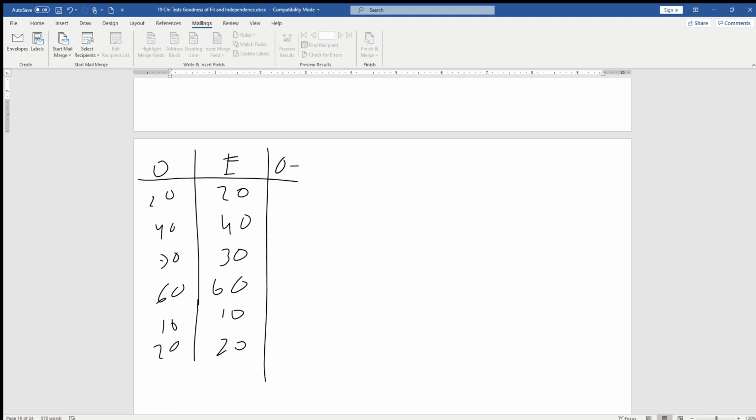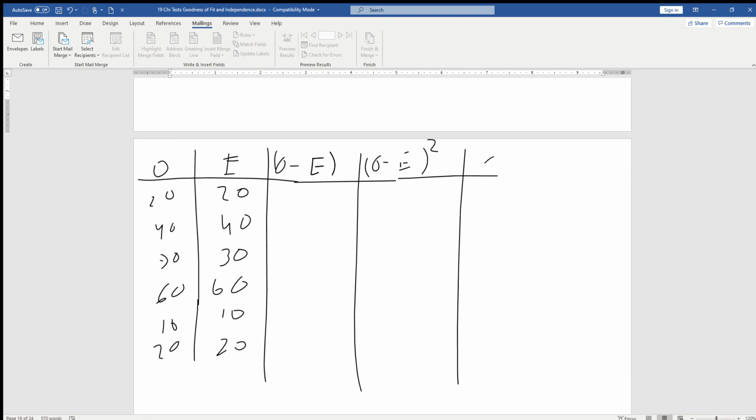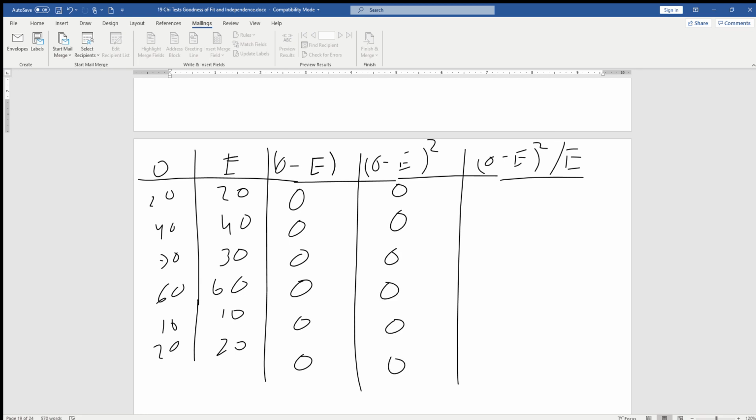And that means that all the other columns, O minus E squared, and then O minus E squared divided by E, are all going to be 0, since 0 squared is 0, and it doesn't matter what the denominator is.